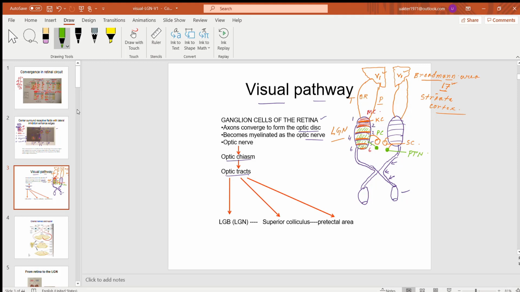Okay, so the superior colliculus and pretectal nucleus receive the fibers from the lateral geniculate nucleus, and the superior colliculus sends signals to the nuclei of the cranial nerves.